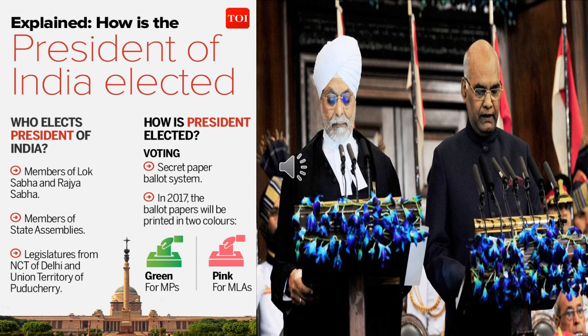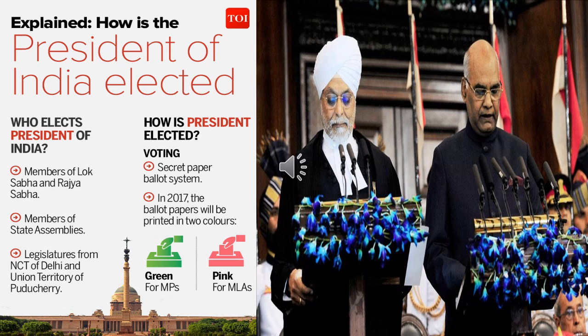The President is elected for a term of 5 years and can be re-elected any number of times. Now the American presidential election is going on. What is the term of office of the American President? 4 years. Then how many times can he be re-elected?